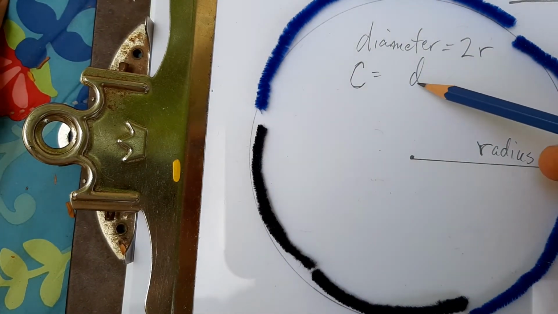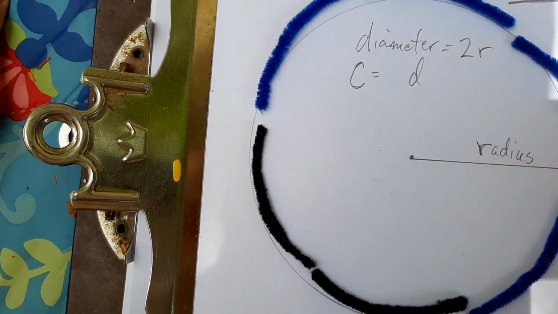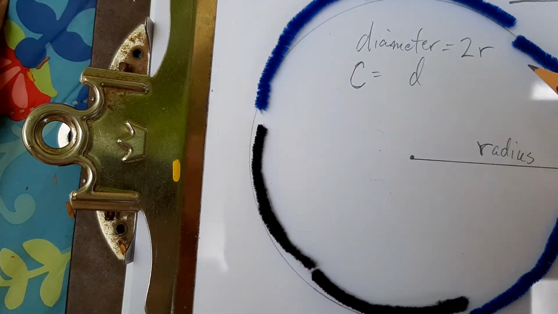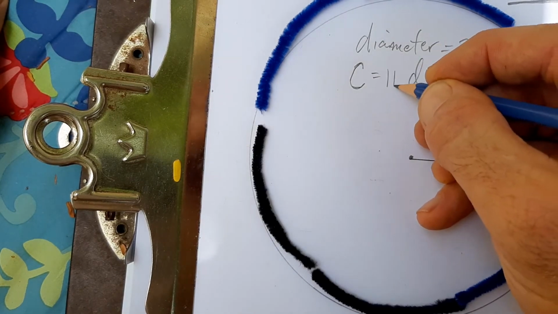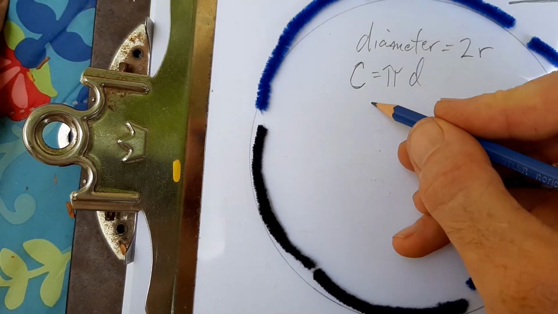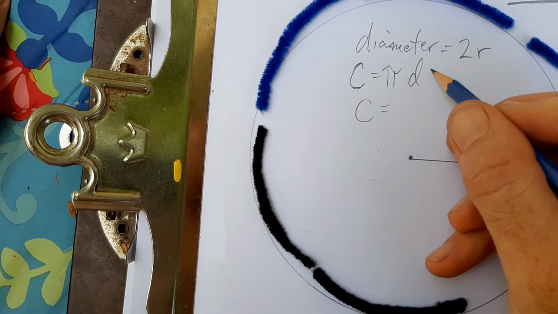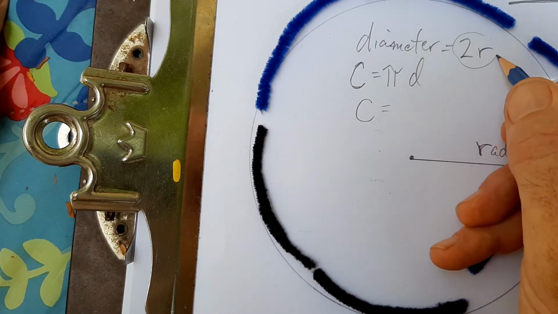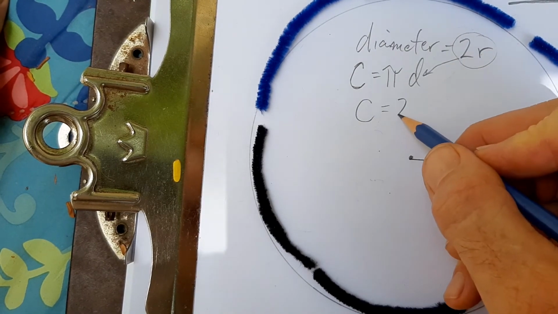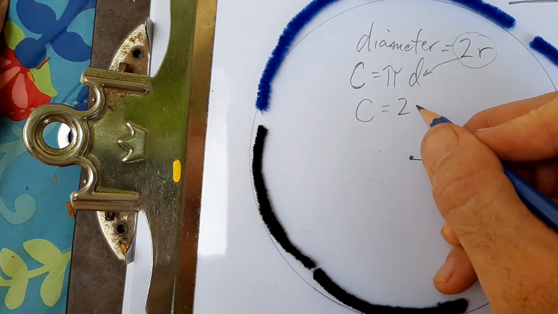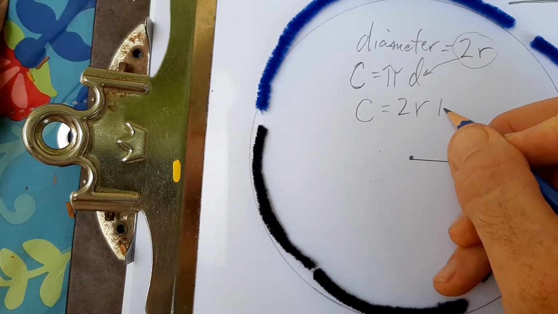So diameter times a little more than 3 is the circumference of any circle. And that magic number is pi. If I substitute 2 radii in for diameter, I get 2 pi r. 2 radii times pi.